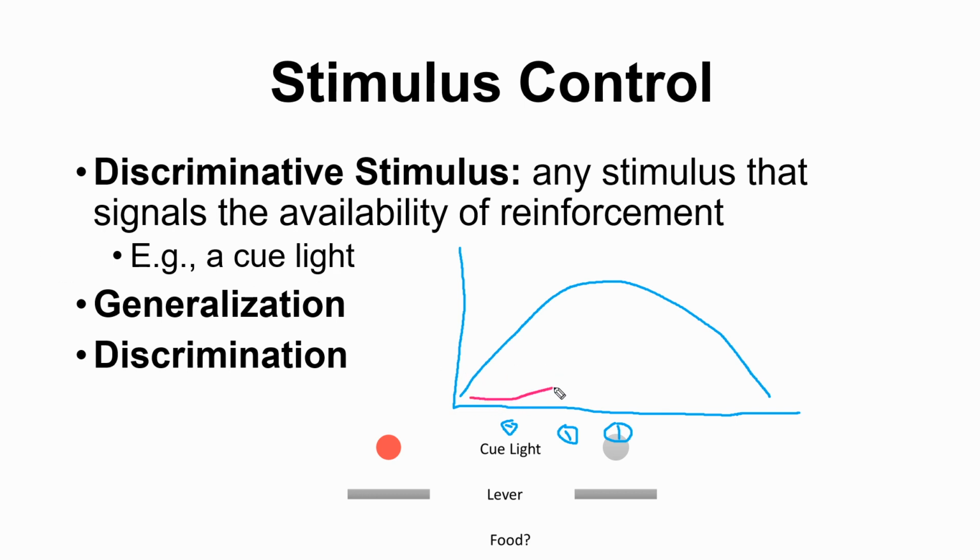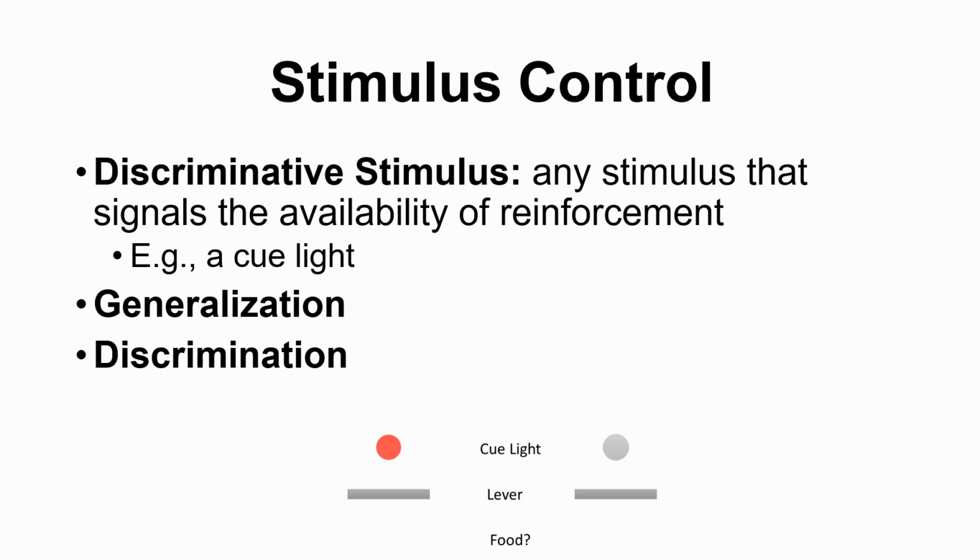And if we made the graph a little more intense and pointy, we would say that they're showing discrimination, where they respond a lot to the vertical lines they were trained on, but as soon as the angle is slightly different, they show much less responding. So if they're treating them the same, they're generalizing, and if they are telling the difference between them, they are discriminating between them. Same basic concepts, just applied now to operant conditioning instead of classical conditioning.